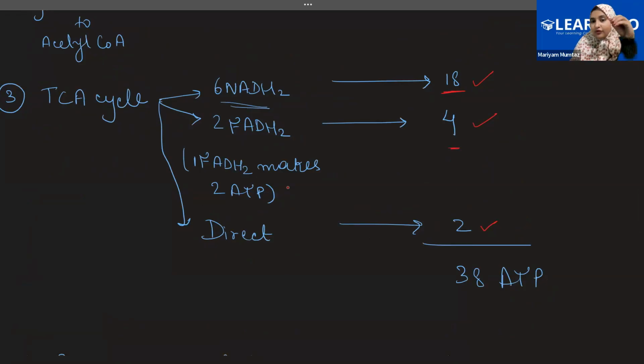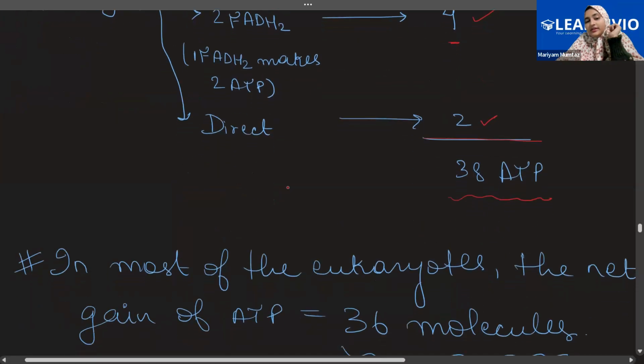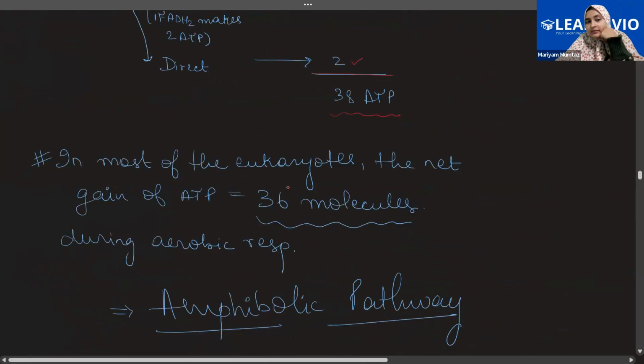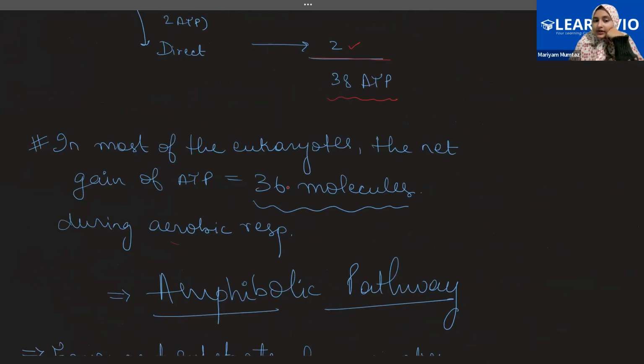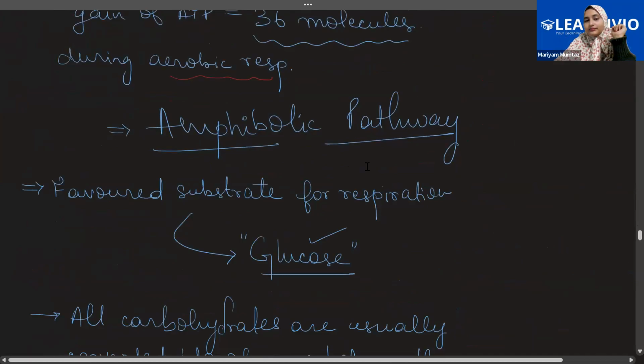So 2 makes 4, and directly we get 2. All in all, at the end, 38 ATP molecules are there. Always remember that in most eukaryotes, the net gain of ATP is 36 molecules during aerobic respiration. So 36 to 38 is the amount of ATP that we get.